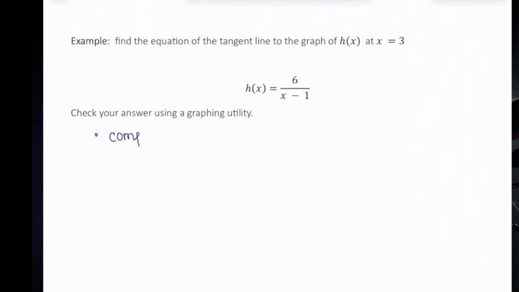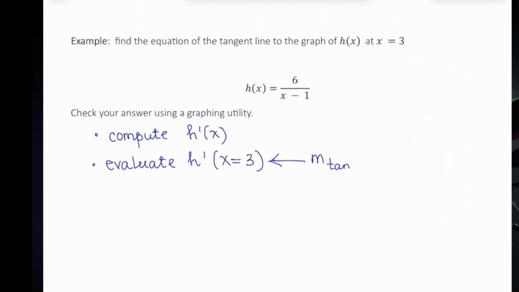Compute h prime of x. Then evaluate h prime at x equal to 3. And that's going to be the slope of the tangent line.